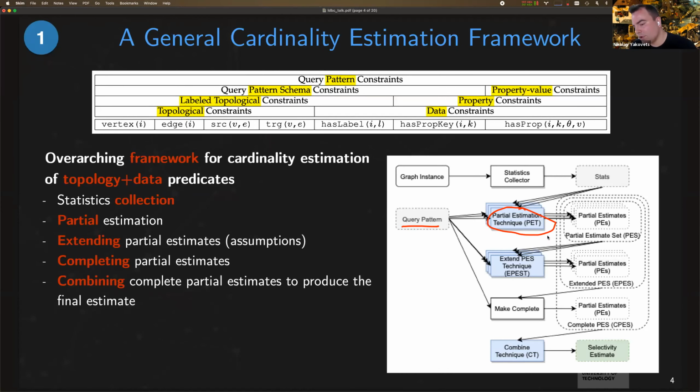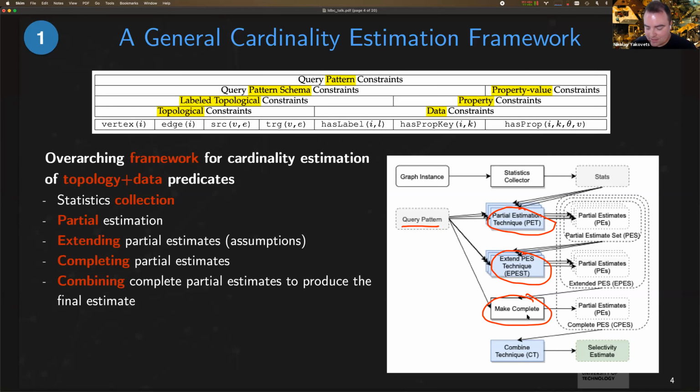These partial estimates can be obtained by anything: we can start with default values, or use a sampling approach to estimate part of a query. Once these are obtained, we use well-defined assumptions to extend the partial estimates to a complete cardinality estimate. The extension is typically based on assumptions such as the independence assumption or functional dependency assumptions, and we incorporate all of these into this framework.